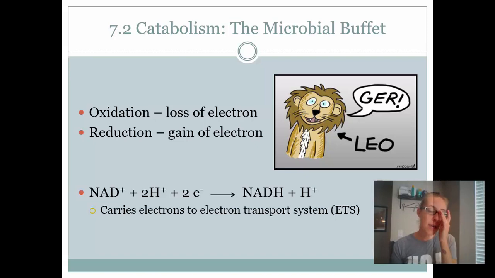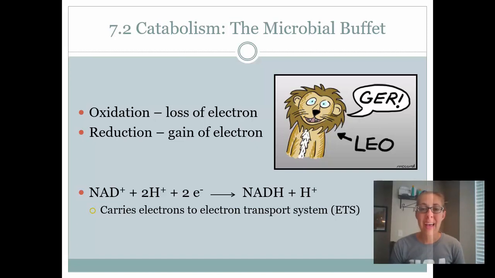All right, so we have to clarify a couple of different terms, and I always give the students the diagram that's on there that I've pulled from Google. So Leo the lion says GER. This set of acronyms is to help you remember the difference between oxidation and reduction in chemical reactions.